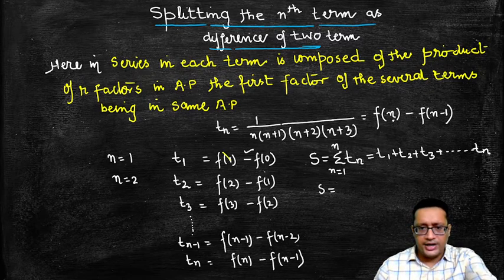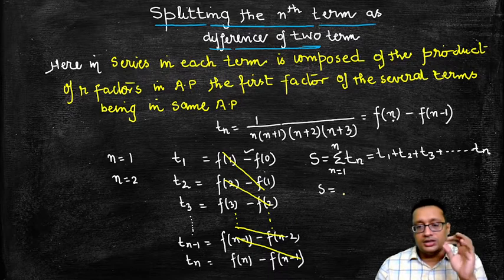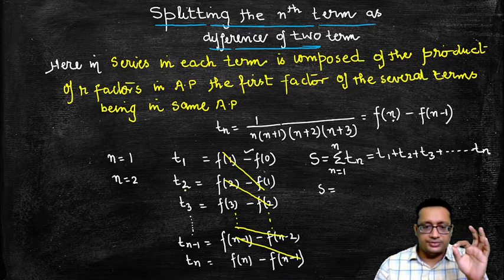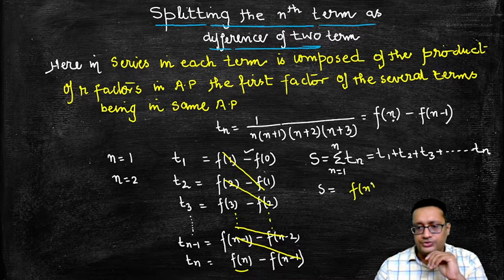If you add, f of 1 minus f of 1 will get cancelled, f of 2 minus f of 2 will get cancelled. Similarly, many terms are there and it keeps on cancelling, until f of n minus 1 cancels with f of n minus 1. So what result do you get for the sum? You get f of n minus f of 0.